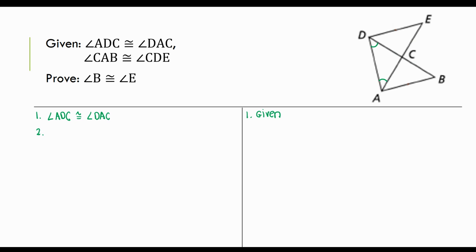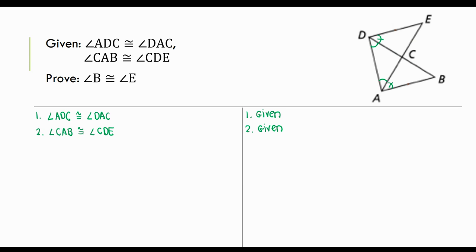All right. Moving on to my other given, I am told that angle CAB is congruent to the angle CDE. So following the letters, CAB is this angle. Angle CDE is this angle. All right.